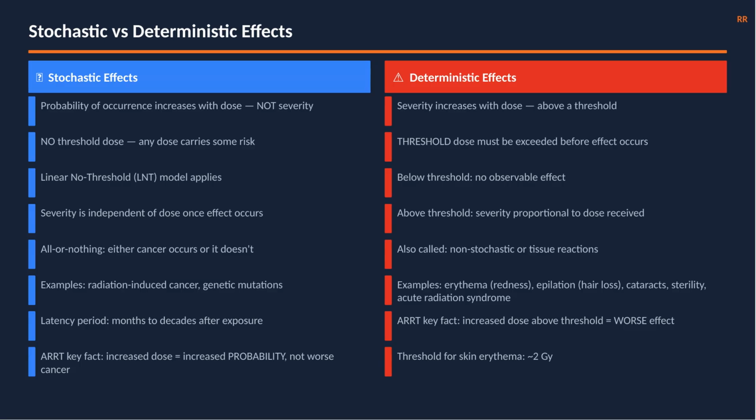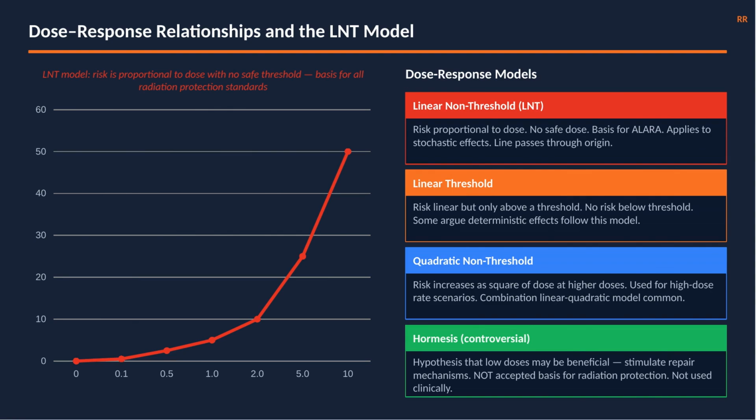Examples: erythema, skin redness; epilation, hair loss; cataracts; sterility; acute radiation syndrome. Registry key fact: stochastic, increased dose increases probability. Deterministic, increased dose increases severity. Two completely different relationships.